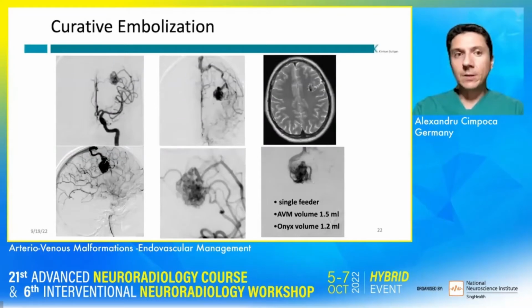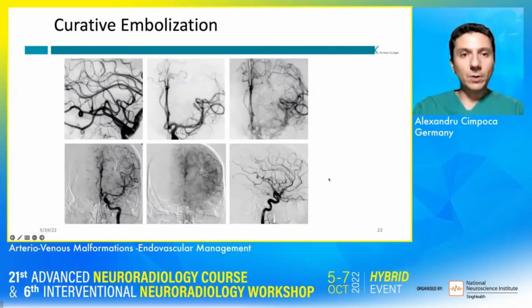That's an example of such an AVM with a pretty compact nidus here, one draining vein, and one single feeder, this one. It was occluded with 1.2 milliliters of Onyx, and the follow-up angiogram showed no arteriovenous shunt anymore.